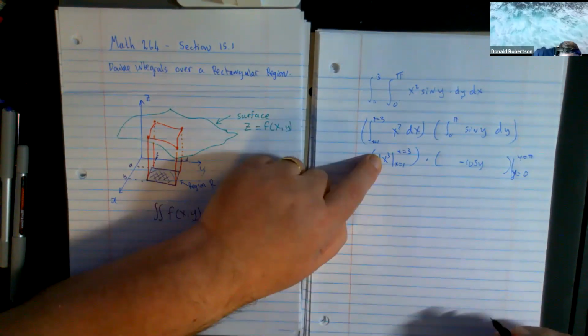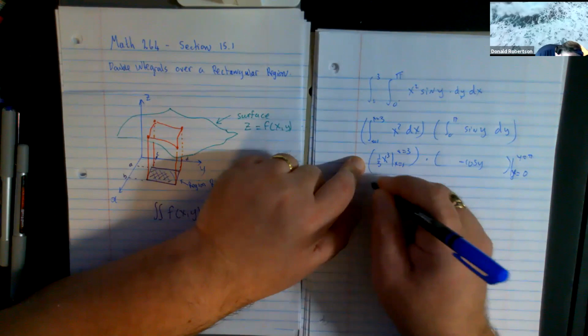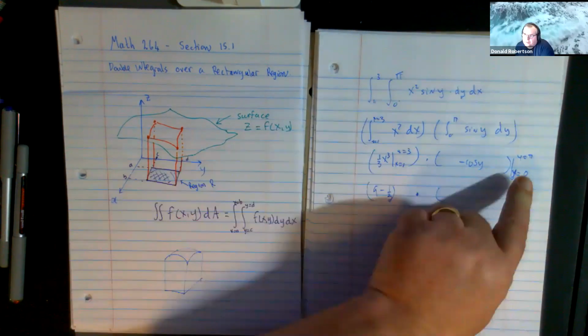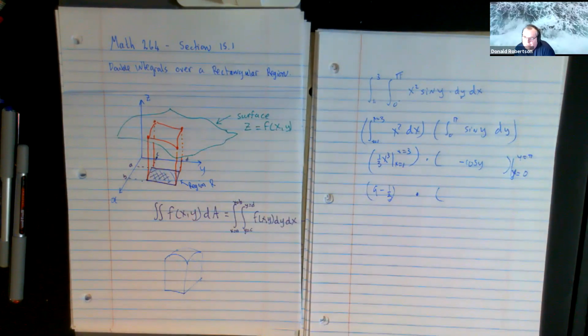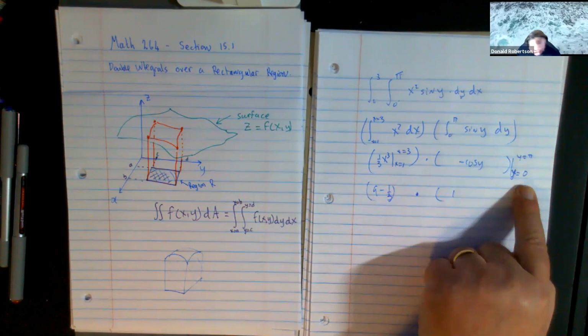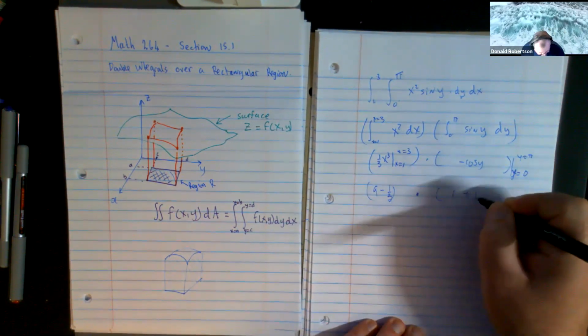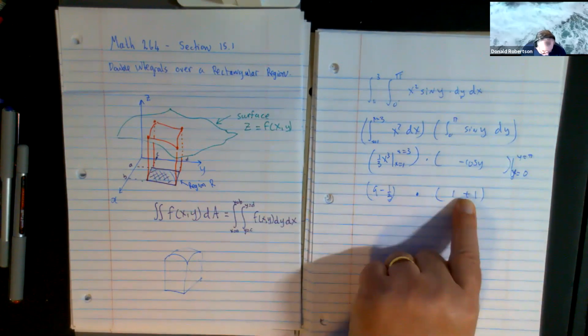This gets you 9, take away 1/3 times... Cosine of pi is basically -1. So the negative and -1 is 1. And the cosine of 0 is 1. So you're taking away -1, so you're going to add 1. So you're going to get 2 out of this.